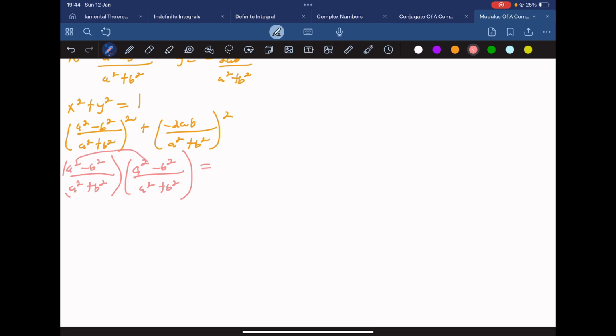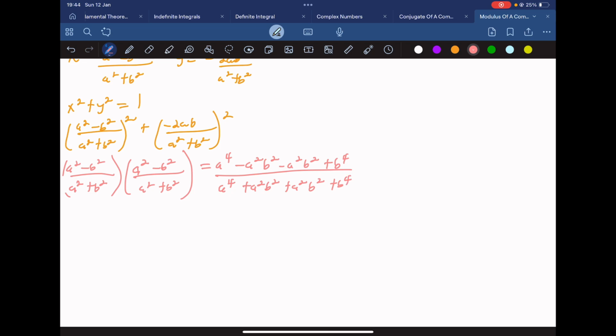So this by this, you get a exponent 4, then minus a squared b squared, then minus a squared b squared again, then the last two terms will give you b exponent 4. We do that same thing for the denominator. We have a exponent 4, a squared b squared plus a squared b squared, then plus b exponent 4.